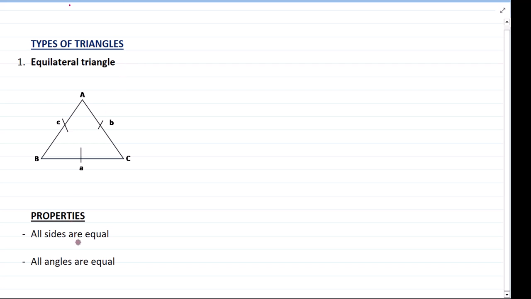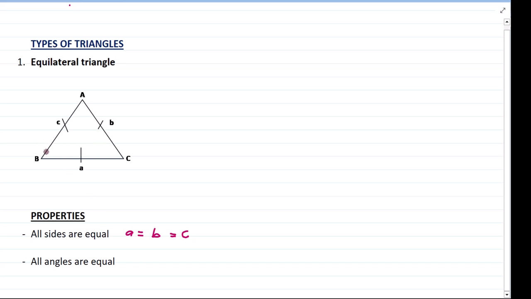All sides are equal. For instance, we have C, B, and A. It simply means that side A is equal to side B, and side B is as well equal to side C. Reason being because all sides are equal. And we also said all angles are equal.